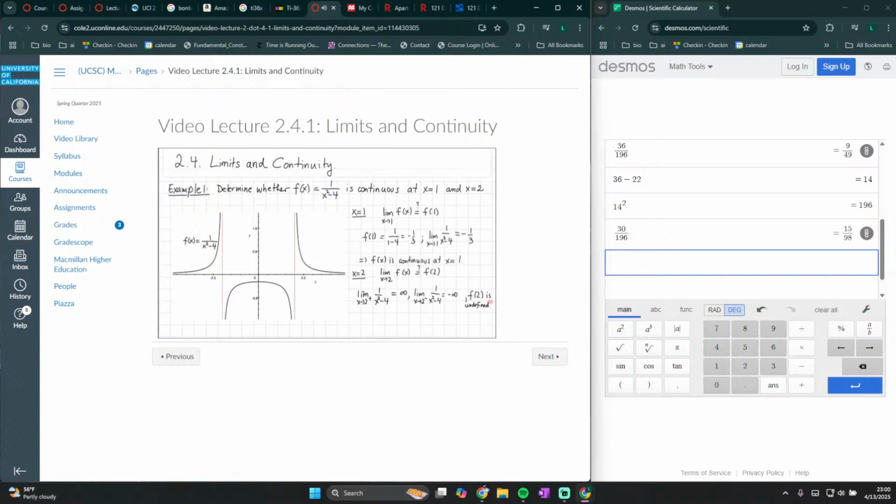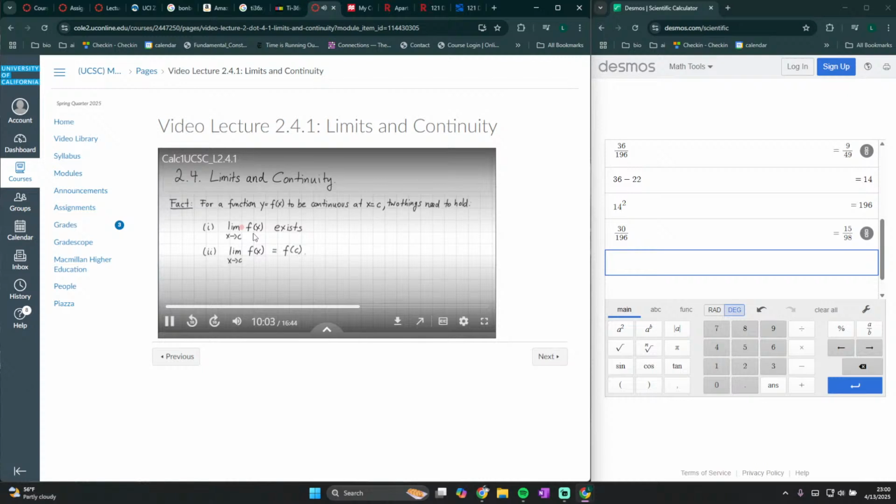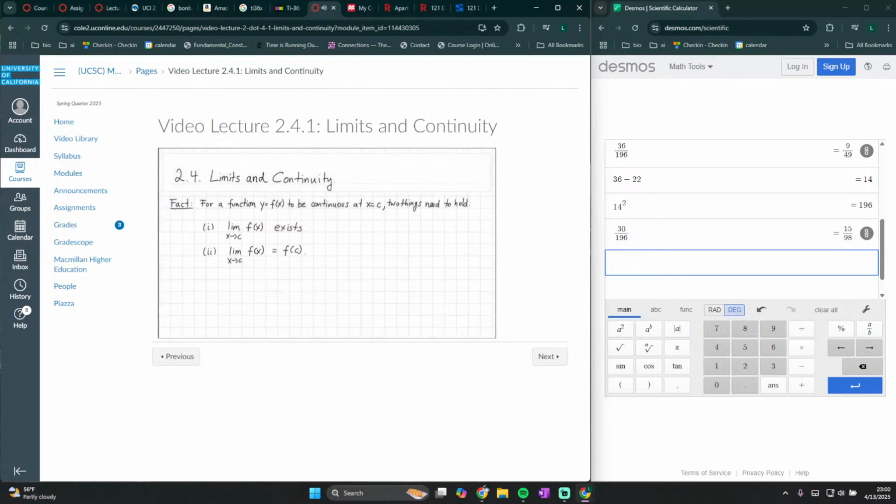But even if we were to define f of x at x equal to 2, say as 0, and made it continuous there, let's see how this works with an example. And here we go.